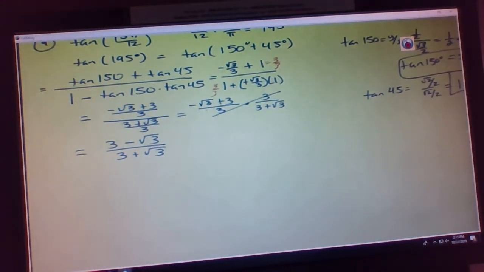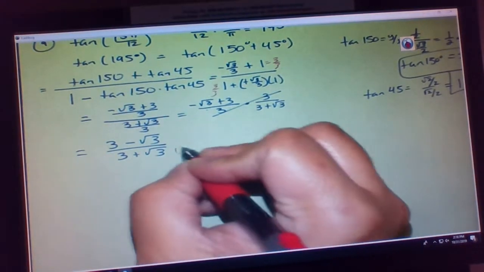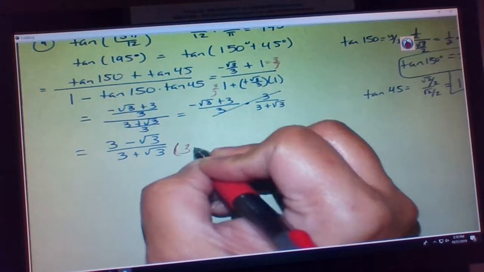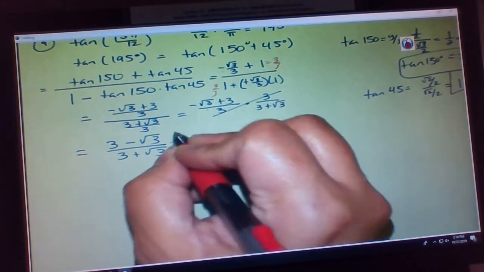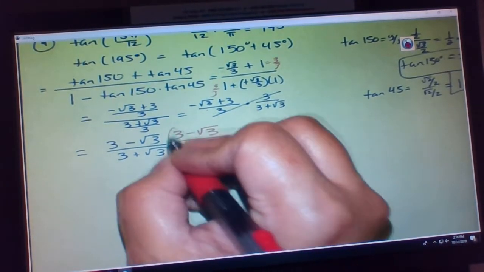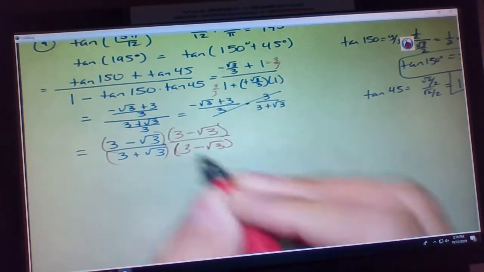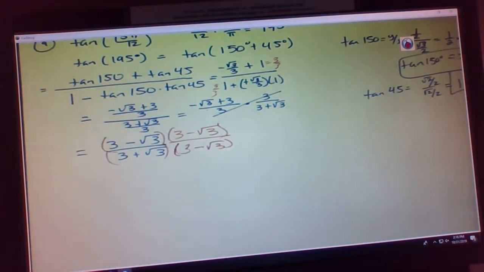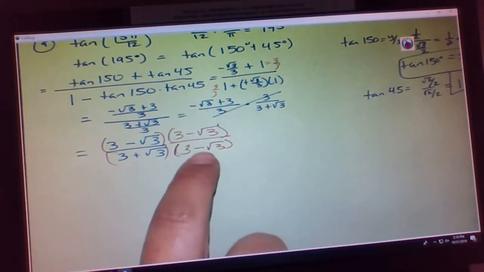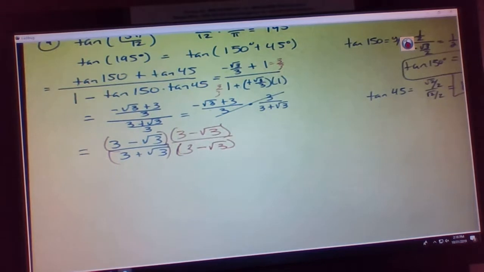But what is wrong? Your denominator, because you cannot have a square root whatsoever in your denominator. So I have to rationalize by multiplying 3 minus square root of 3 and 3 minus square root of 3. So top and bottom, you have to multiply by the conjugate of your bottom. So if this is a plus, this is a negative. If this is a negative, then you do a plus both on top and bottom. You do FOIL on top, FOIL on the bottom.